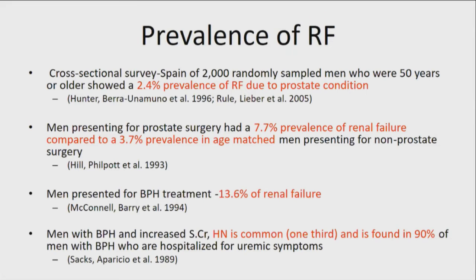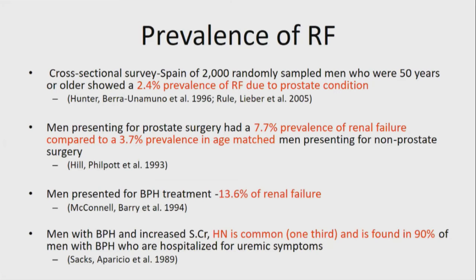In order to understand preservation of renal function in prostate obstruction, we have to understand the prevalence of renal failure in prostate obstruction. A community study says 2.4% prevalence due to prostate condition. If the patient comes for a prostate operation, when compared to a patient presenting for a non-prostate operation, there's a high incidence of renal failure. When the patient has a high serum creatinine level, 1/3 had hydronephrosis.